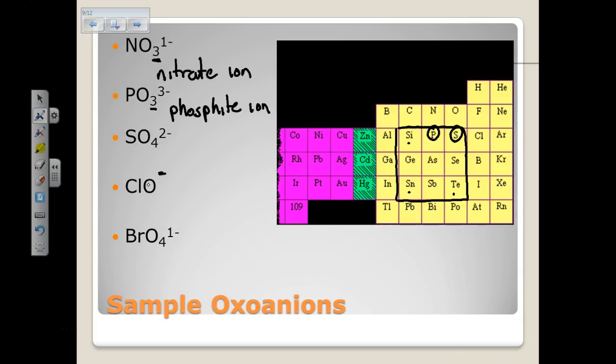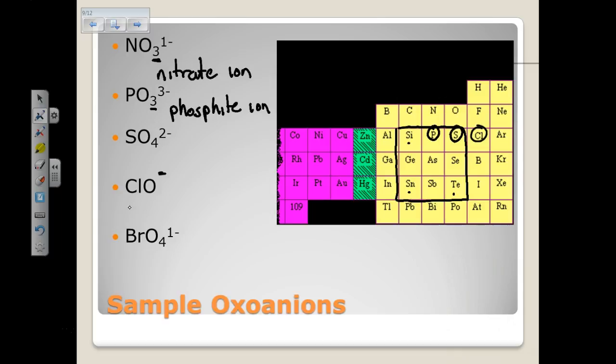So now what is the name of this polyatomic ion? Well, chlorine is here. It's outside the box. So if it's outside the box, 8 is 3 oxygens. This only has 1 oxygen. So it has 2 less oxygens than that.